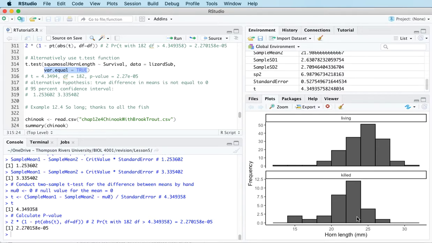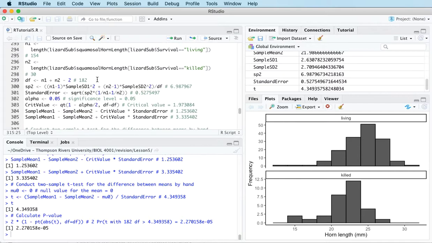And if those are roughly the same, then it's okay to make this assumption. And then if we use the t.test function to do the confidence interval calculation and the hypothesis test calculation, we need to set that argument equal to true. In the next video, we'll use a variation of this test where we're not making that assumption.